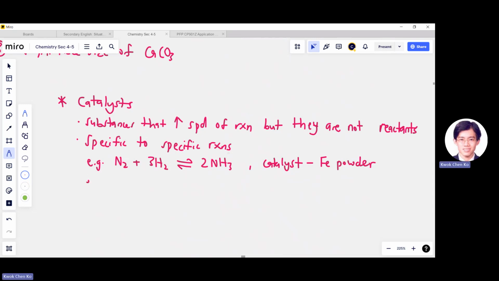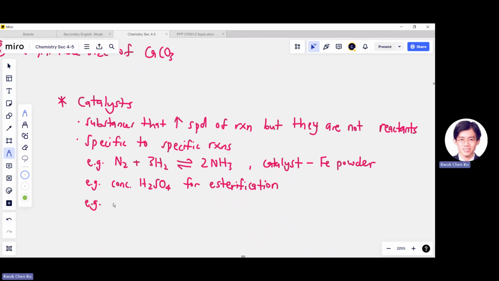Okay, there are other examples, like concentrated sulfuric acid. So your catalyst may not be a solid, it can be a liquid. Yes, those are quite rare, but it can be aqueous, it can be liquid too. For this kind of reaction, esterification.